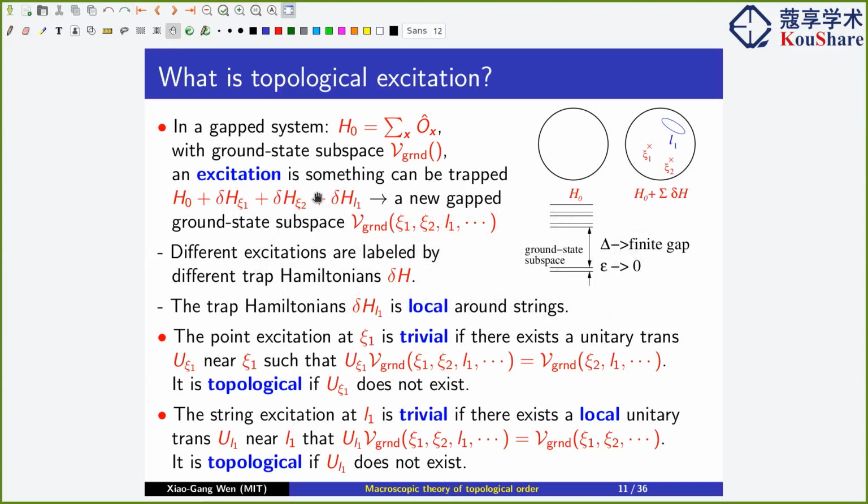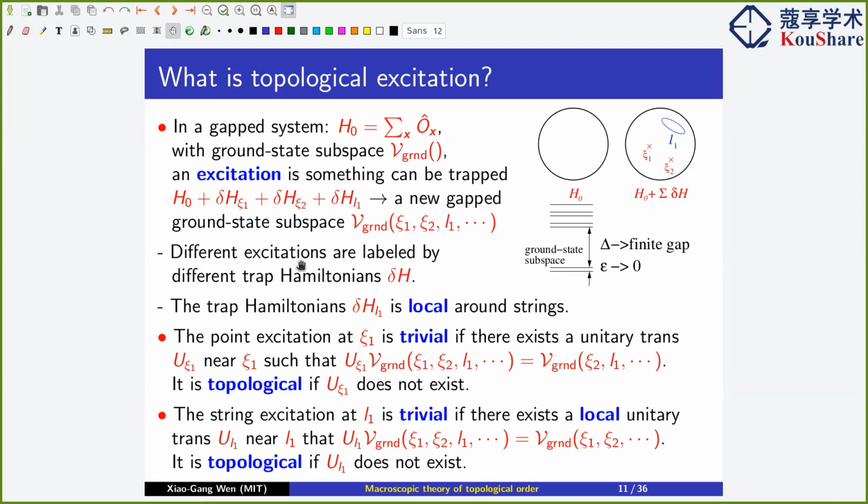Then we are facing a problem. We have an infinite number of quasi-particles. Usually when we say we have an anyon, we don't mean a trap Hamiltonian. So there's an equivalence class. If it is a trap of an electron, and you change the trap a little bit, if it's still one electron there, we say they are the same excitation, the same type.